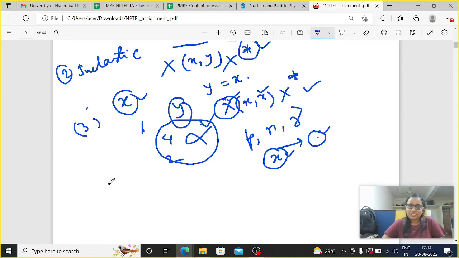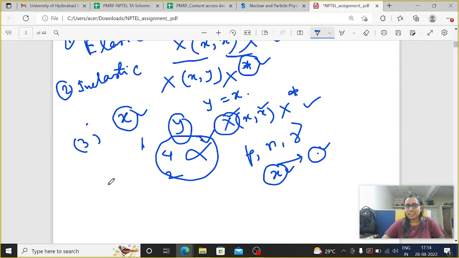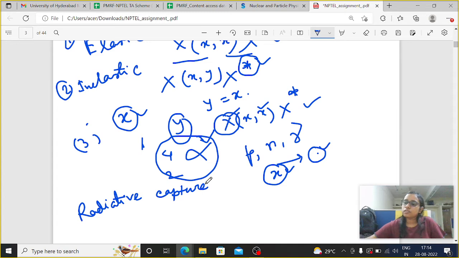So coming to the third one. Here the elastic and inelastic scattering, and then the third one, I'm just talking about with a very little description, will be radiative capture. So in radiative capture, what will be there? It's basically an example of a compound reaction. So I am writing here x y, then let's say y star.